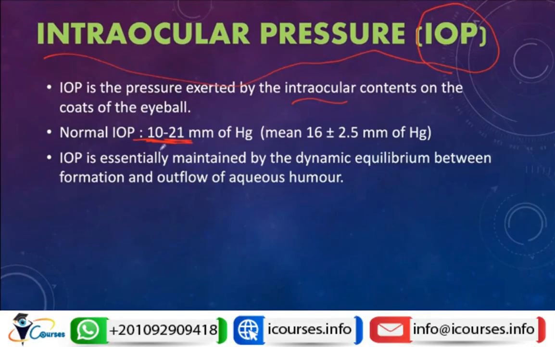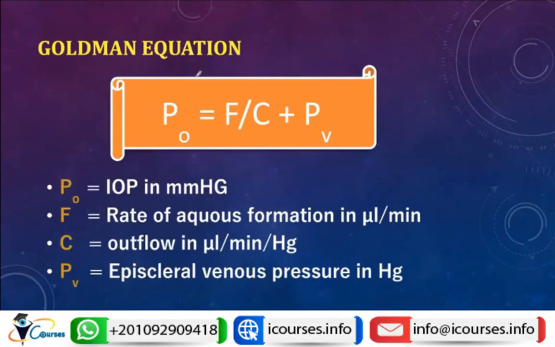This pressure is maintained by an equilibrium or balance between the aqueous inflow and the aqueous outflow. The rate of aqueous formation should be balanced with the rate of aqueous drainage, leading to the normal intraocular pressure.